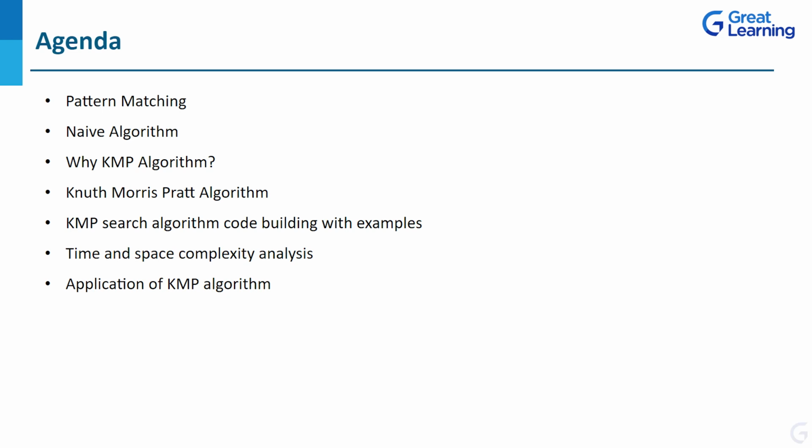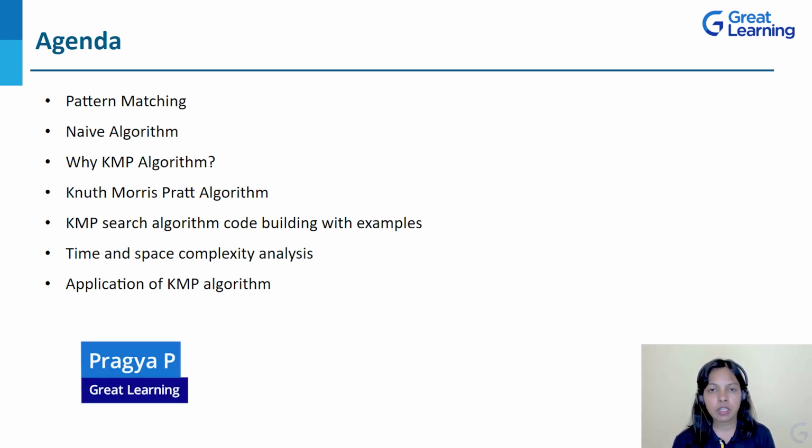Hello guys, today I'm going to talk about KMP algorithm. So before getting ahead, let me tell you the agenda for the session. I'm going to talk about what is pattern matching, and then a very basic naive algorithm which follows a brute force approach. We'll discuss its disadvantages, and then move forward to the KMP algorithm.